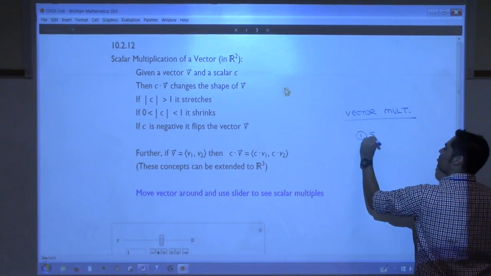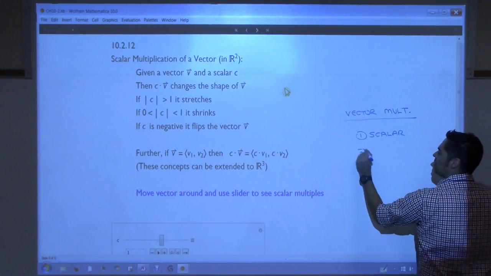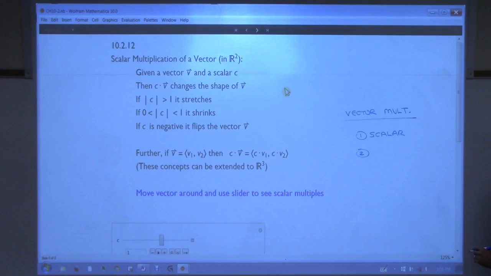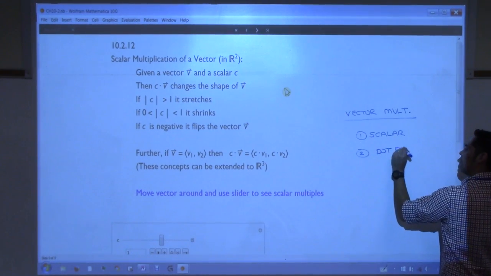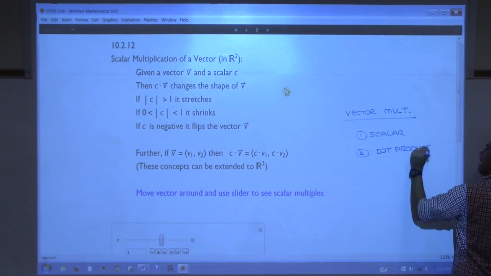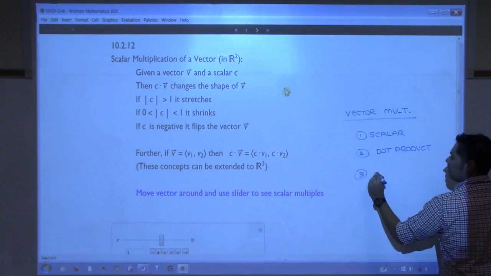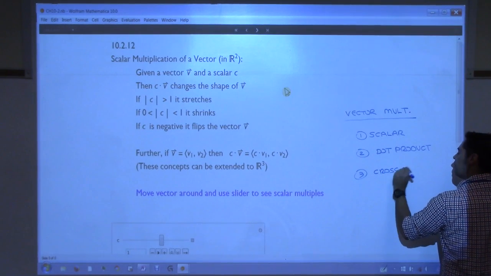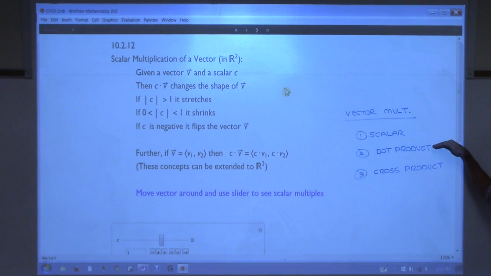We have scalar multiplication. We have a second form of multiplication, which is the next section, and it's called the dot product. And then we have a third form, and it's called the cross product. This is 10.3 in the book, and this is 10.4. We're in 10.2 still. So three different multiplications.